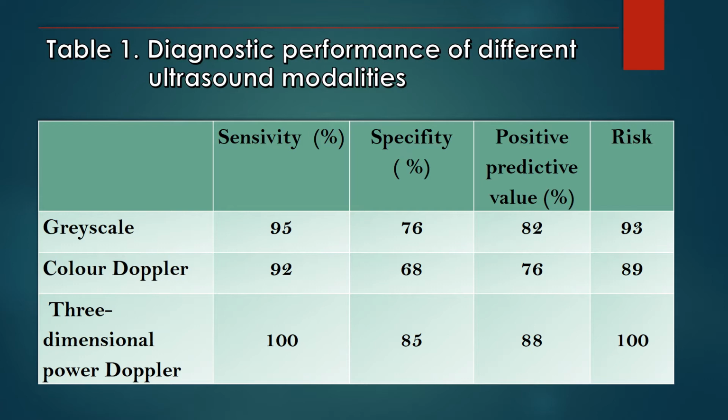Color Doppler: sensitivity 92%, specificity 68%, positive predictive value 76%, and risk 89. Three-dimensional power Doppler: sensitivity 100%, specificity 85%, positive predictive value 88%, and risk 100.